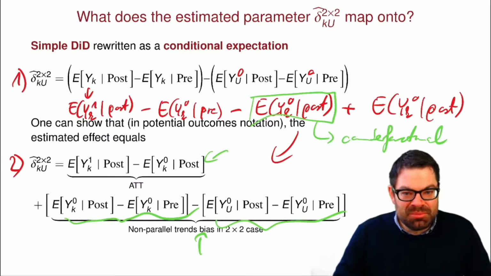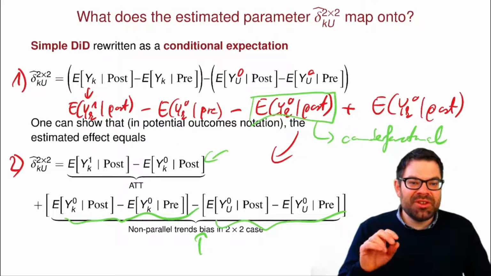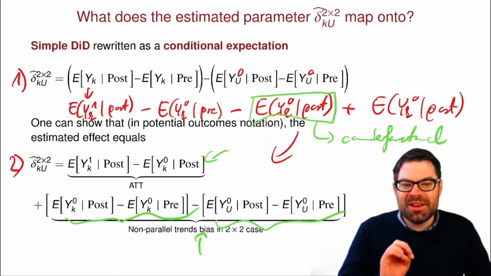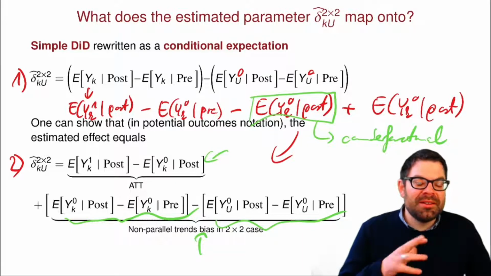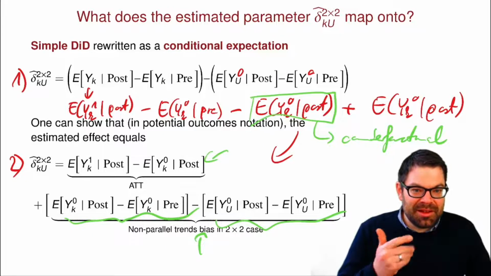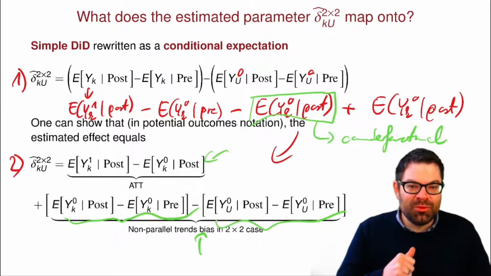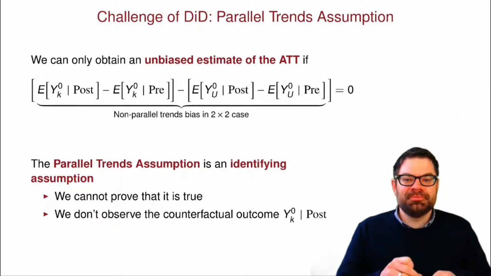Okay, so there is more to diff and diff than just thinking, well, would those trends have been parallel, and is that plausible? You need to think about things like spillover effects, and as we will see later, also anticipation effects that might actually play a very big role in whether your research design works or not.